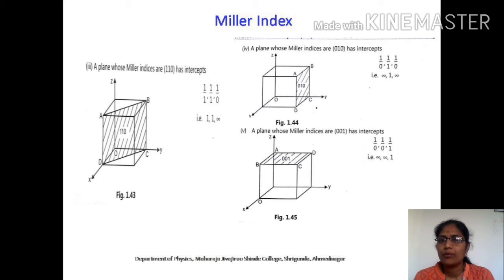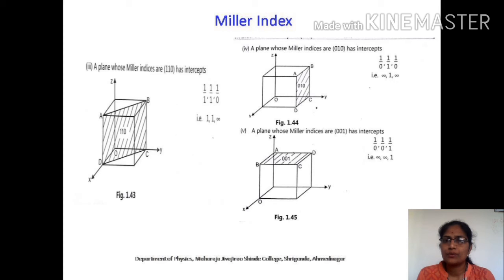in figure 1.44. Now the next example is a plane whose Miller indices are 0, 0, 1. It means that this plane is going to cut which axis? Z axis only, and it is going to remain parallel to the x and y axis. Now let's find the intercepts by taking the reciprocal of the Miller index.